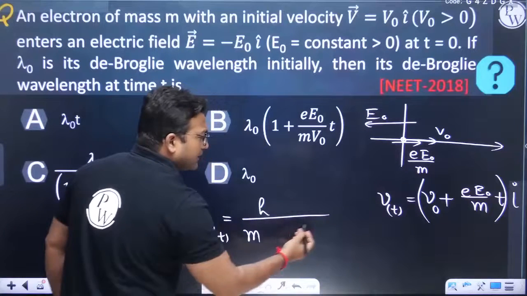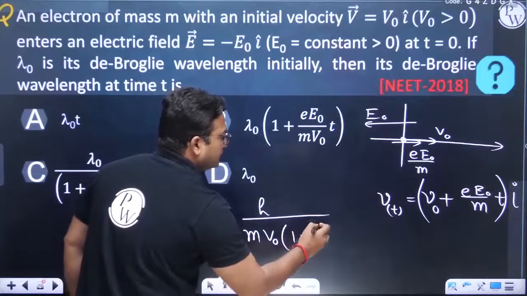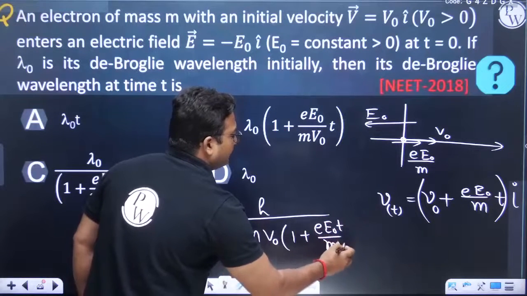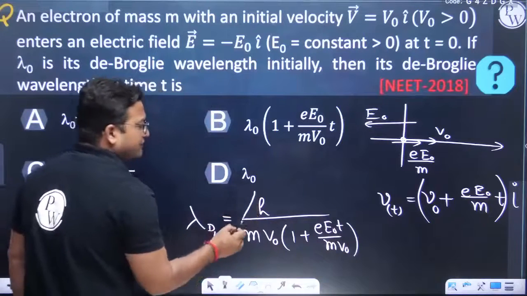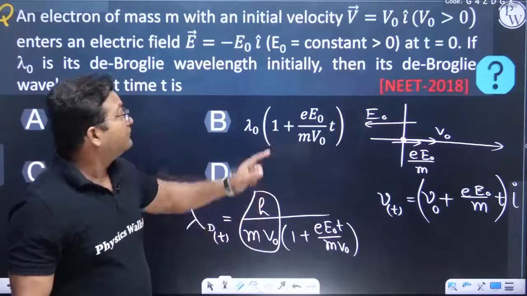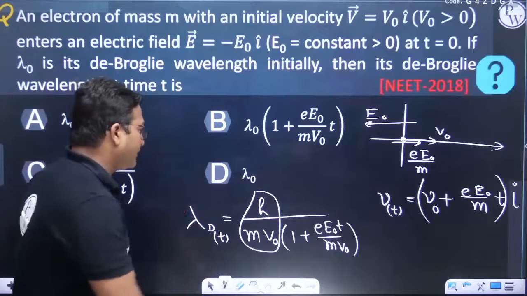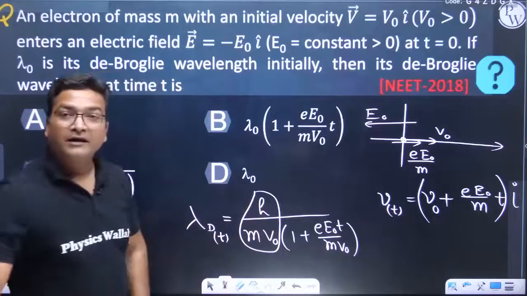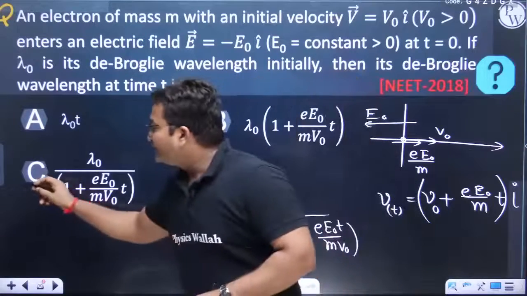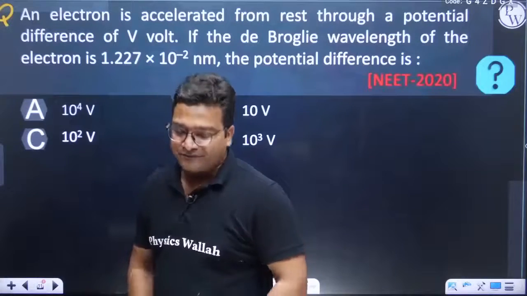If you place v here and take v naught common, it becomes mv naught times 1 plus eE naught t by m v naught, and h divided by mv naught you can replace by the initial de Broglie wavelength, lambda naught. So h by mv naught is lambda naught here, and if you see clearly, obviously option C is your best choice. Okay, over to the next question.